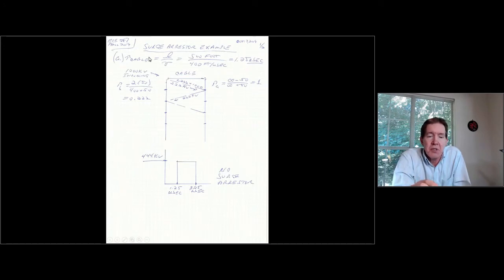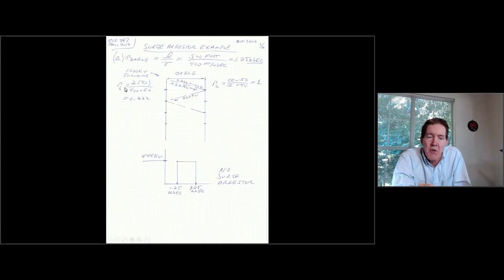What you would do is start off by calculating the travel time for the cable. It's the length divided by the velocity. So if we have 500 feet divided by 400 feet per microsecond, the time it takes for the waveform to go down the cable is 2.5 microseconds. So we've got the 1000 kV waveform coming in on the overhead line, and what's going to get on the cable?